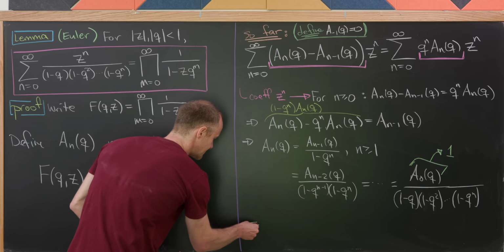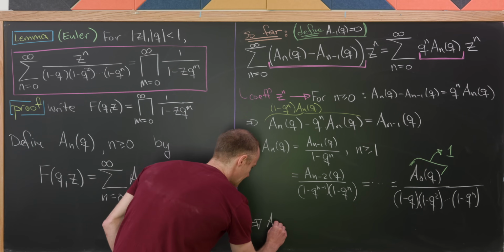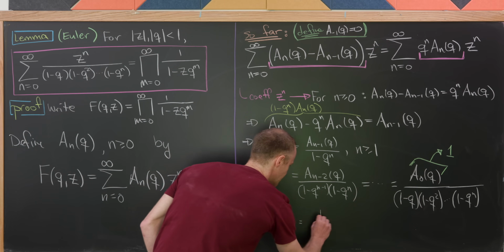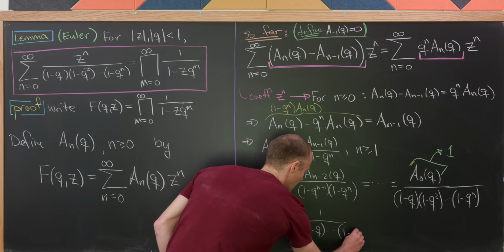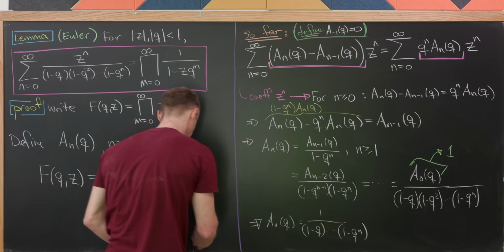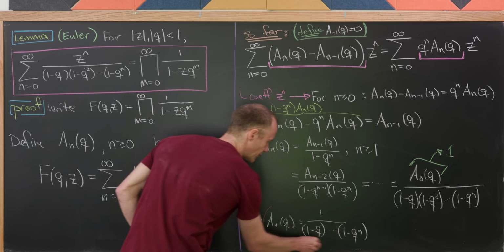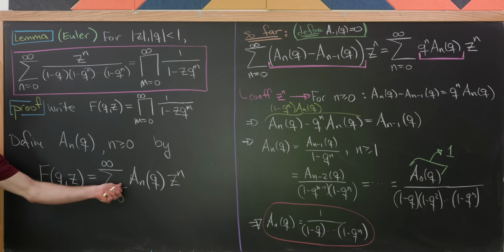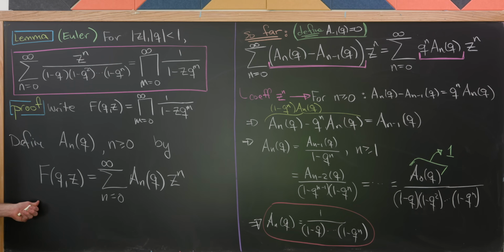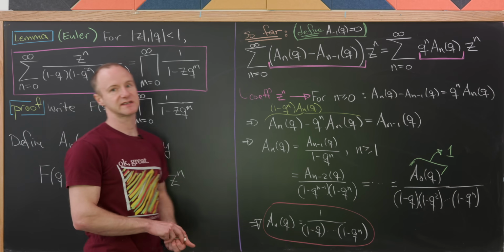Let's see what that leaves us with. We have a_n(q) is equal to 1 over this rising product, 1 minus q, all the way to 1 minus q^n. If we look at that closely and put it into our equation over here, we see that we've created exactly this left-hand side of the equation. Since f(qz) is the right-hand side of the equation, we've finished the proof of this lemma.